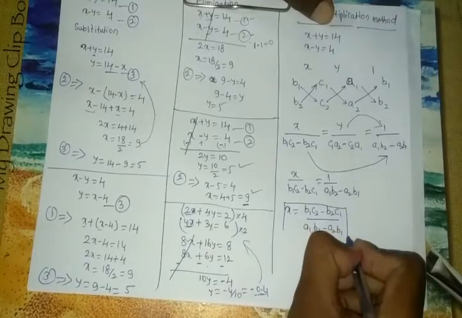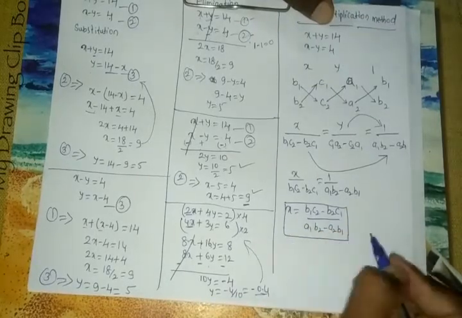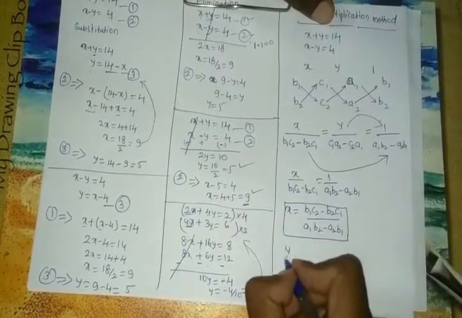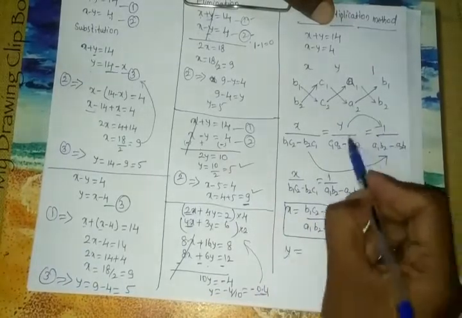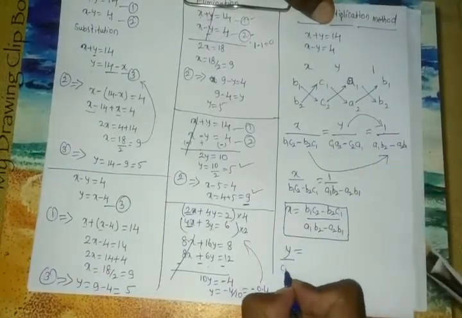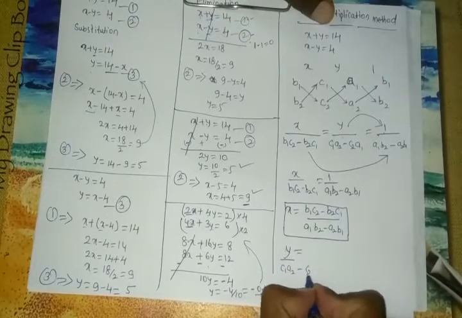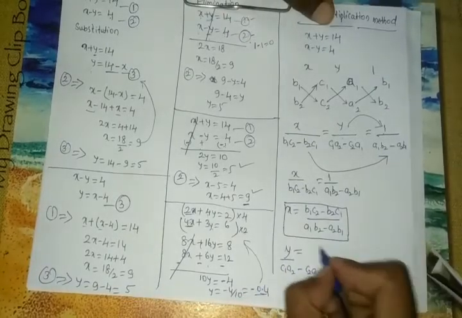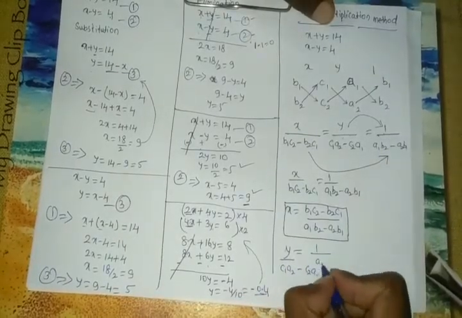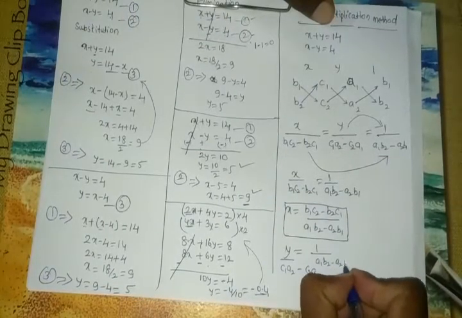Okay, this is x. Similarly, y, you equate second and last, y divided by c1 a2 minus c2 a1 is equals to 1 divided by a1 b2 minus a2 b1.